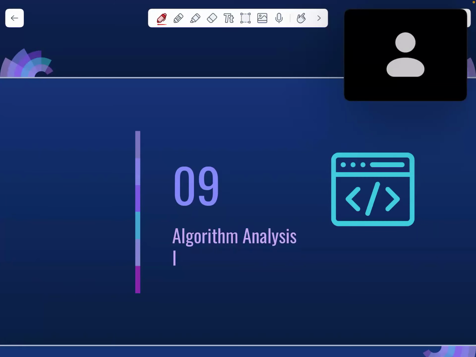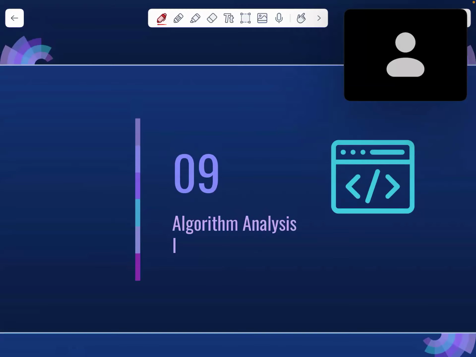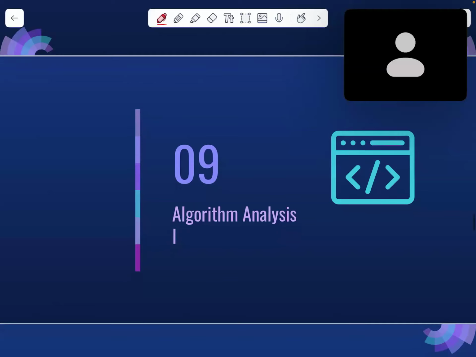All right, dope. So starting with algorithm analysis, 1 and 2. This is both sections. The first two things that we want to look for when analyzing an algorithm are runtime and memory usage. But for this specific exam, we only need to worry about runtime.